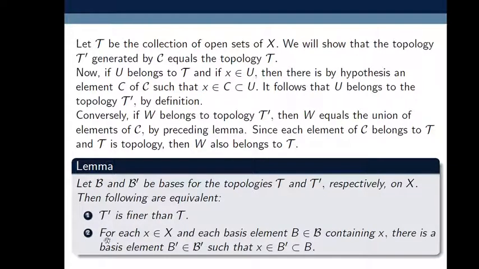Using this we have to prove the second statement. If tau dash is finer than tau, then for every x in X and each basis element b containing x, there is a basis element b dash belonging to script b dash such that x belongs to b dash and b dash is contained in b. This we have to show.